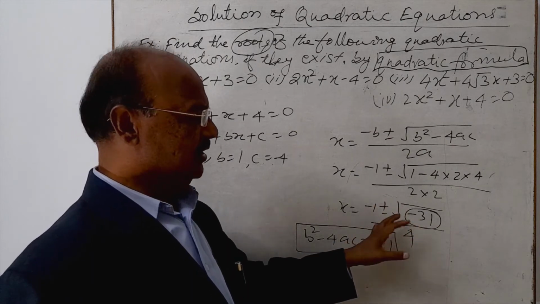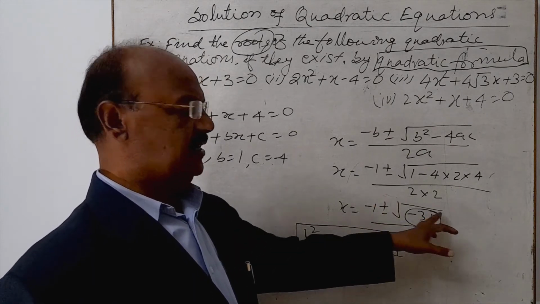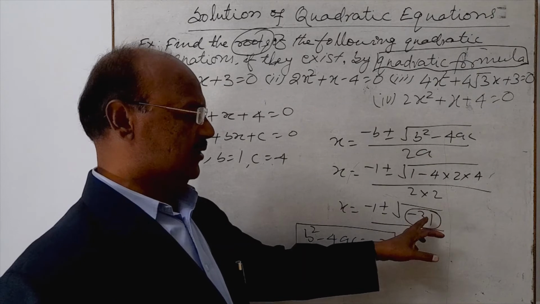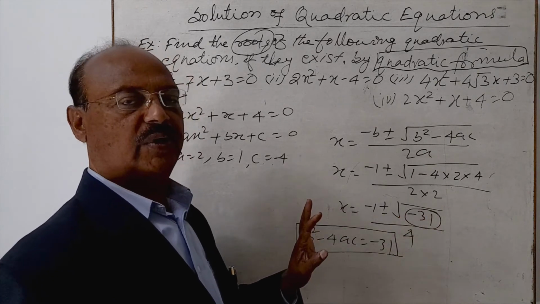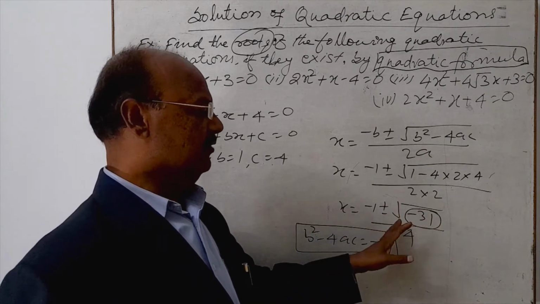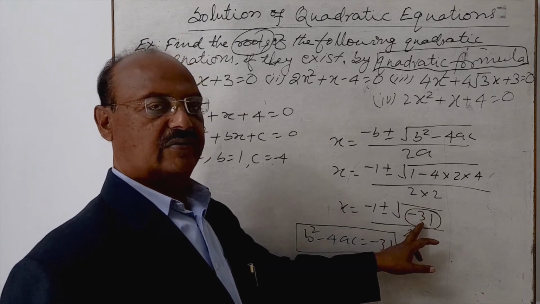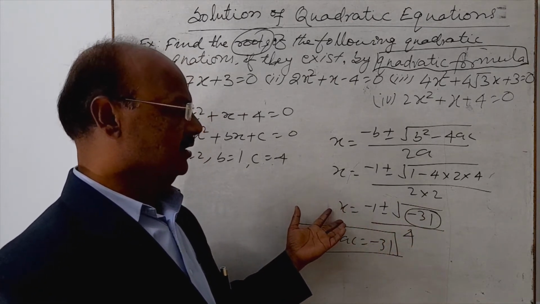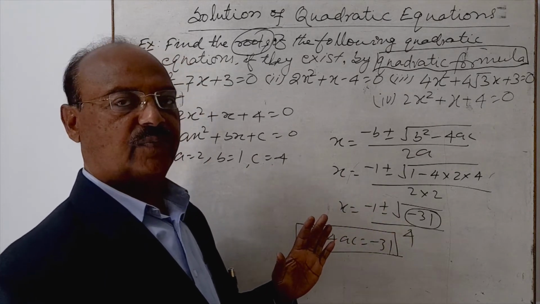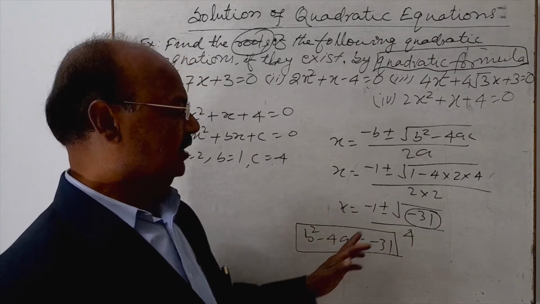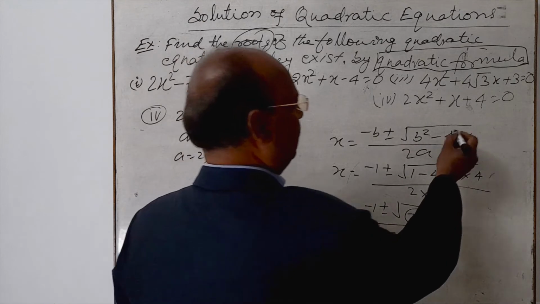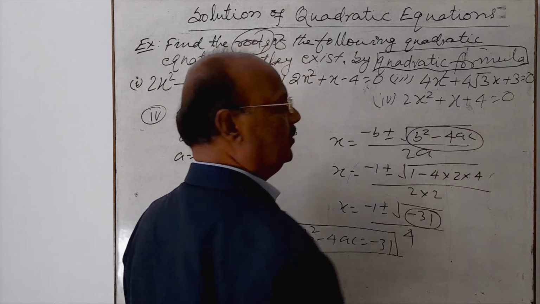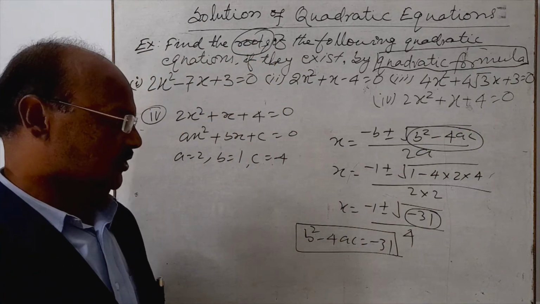So if there is a negative number inside this radical sign, inside this square root, this is not a real number. It means we cannot evaluate square root of this minus 31. It means the number x does not exist here. Correct? So whenever this value b square minus 4ac is negative, there will be no solution.